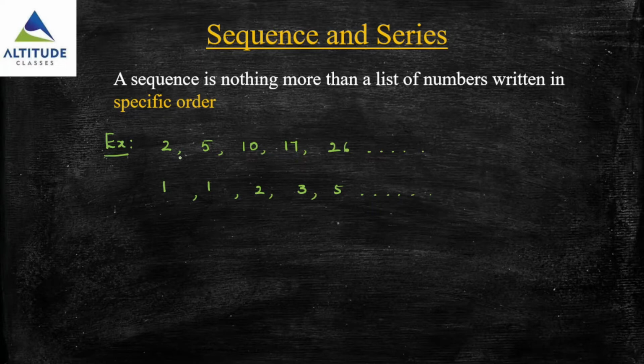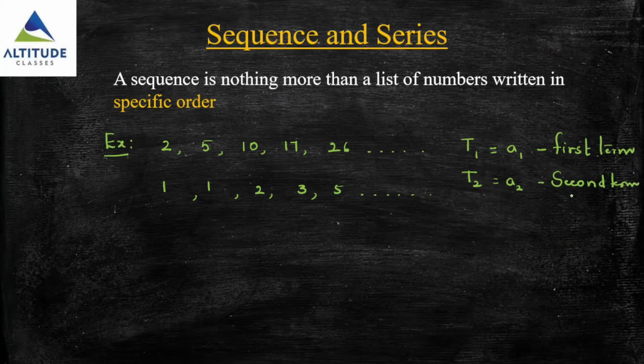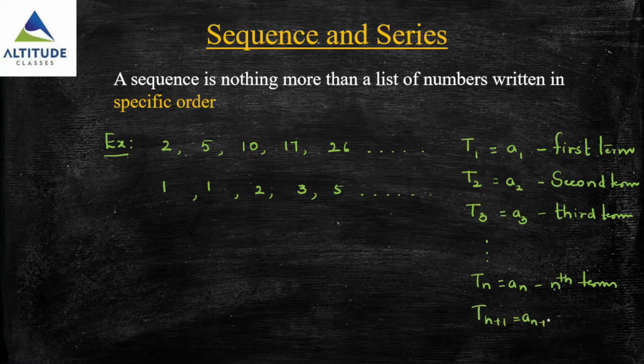In general, terms in a sequence will be denoted as T1 or A1, which is the first term, T2, A2, second term, T3, A3, third term, so on, Tn, An, which is the nth term, Tn plus 1, An plus 1, which is the n plus 1th term.